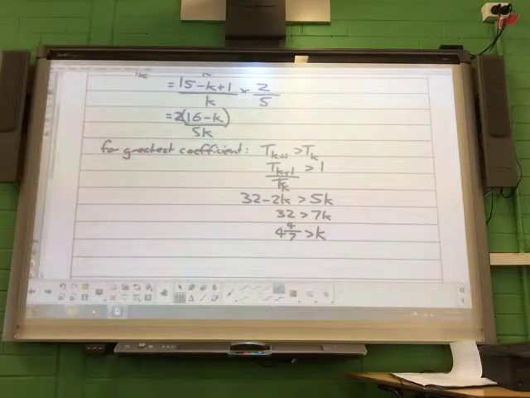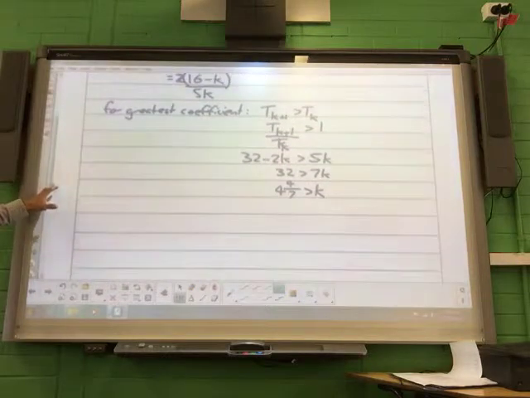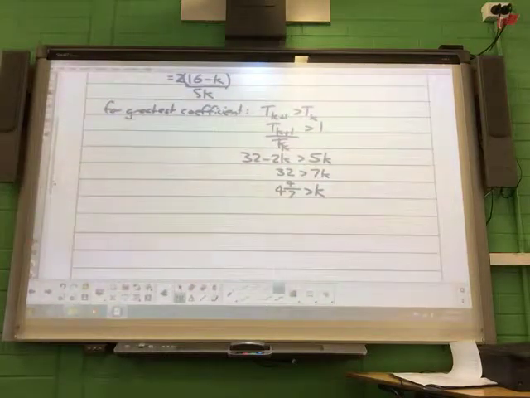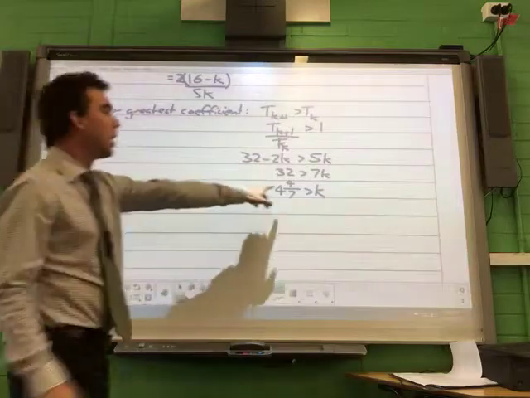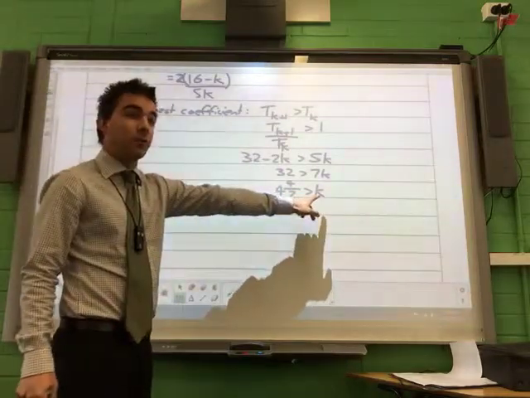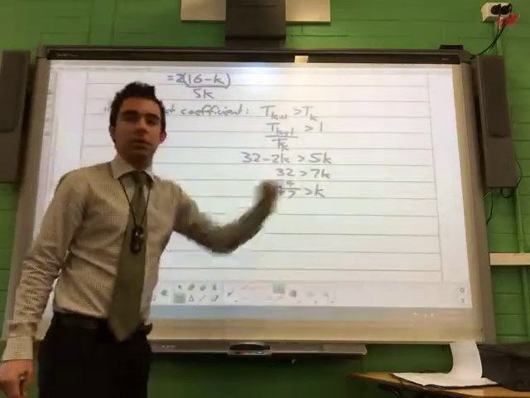If it's only 2 marks, you probably need to tell me what the value for k is, and then your substitution. Right, so k equals 0, does it work? k equals 1, k equals 2, k equals 3, k is 4, k is 5. So there's our tipping point, because 4 and 4/7 is greater than 4, but 4 and 4/7 is not greater than 5.